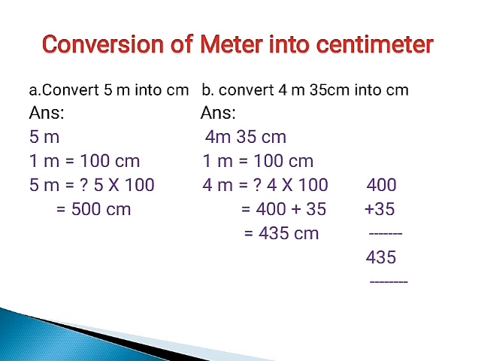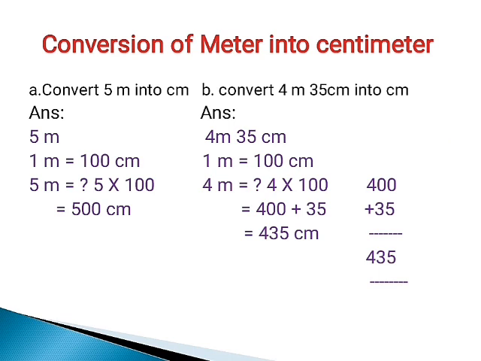Now what we should do? We should do the cross multiplication. That is 4 into 100, 400. So write 400. Now the sum itself, already they given how much centimeter? Yes, they given 35 centimeter. What should we do? We should add the 35 centimeter along with 400 centimeter. So 400 plus 35.